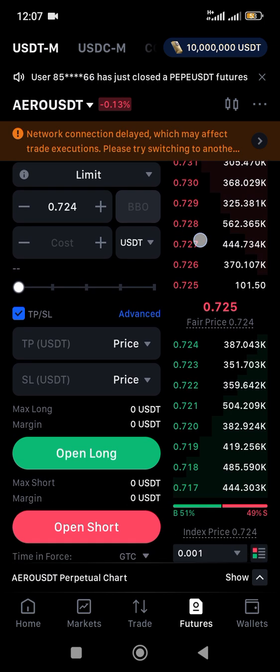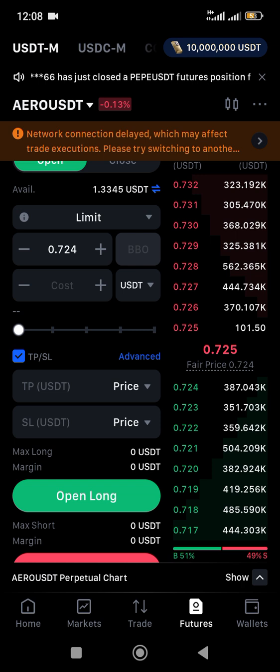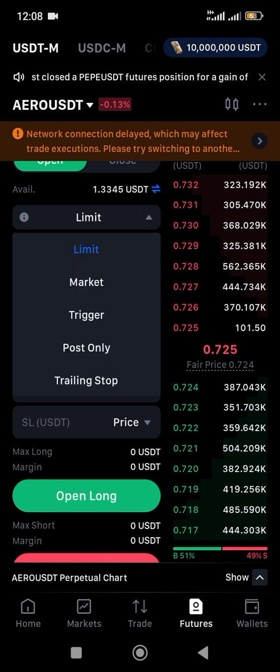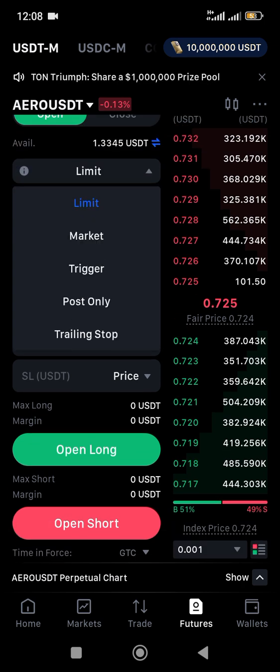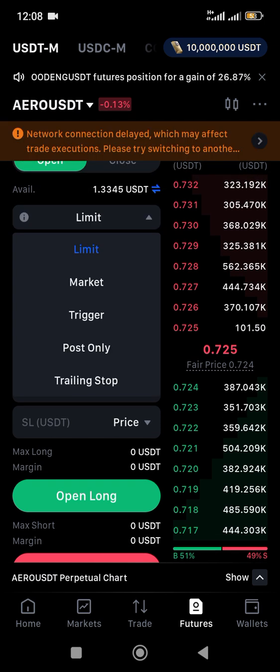You can select either limit or market depending on what the signal you got says you should use.